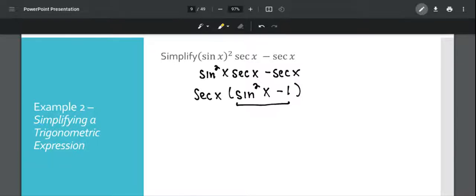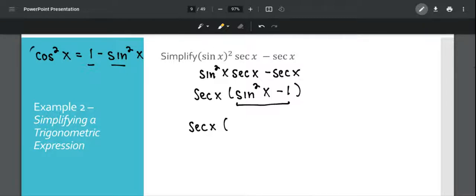And then think about your Pythagorean identities. If we look at our Pythagorean identities, we know that instead of saying sine squared minus 1, we could say that's the same thing as, be careful though, because you might say it's the same thing as cosine squared, but remember cosine squared is 1 minus sine squared. And we want sine squared minus 1. So we want the 1 and the negative sign to be opposite.